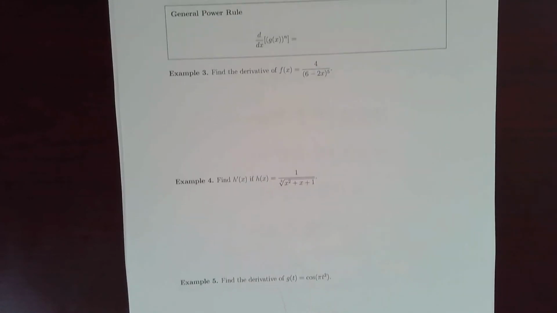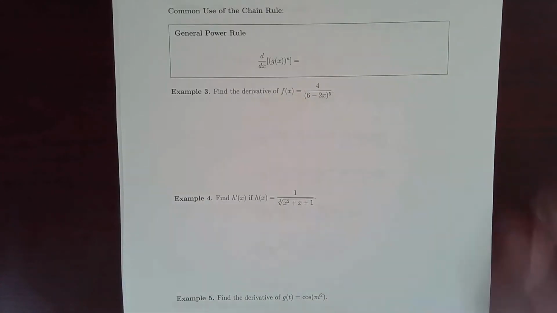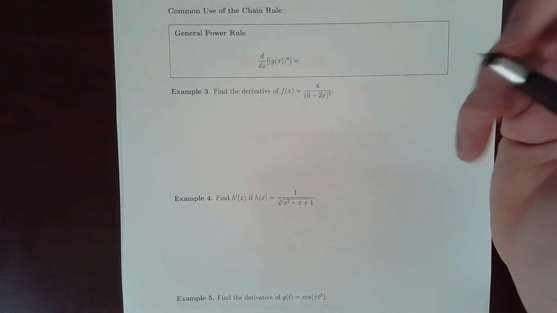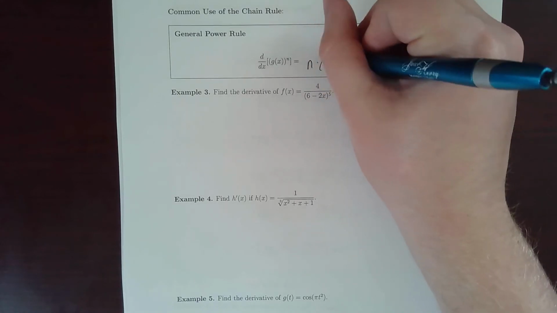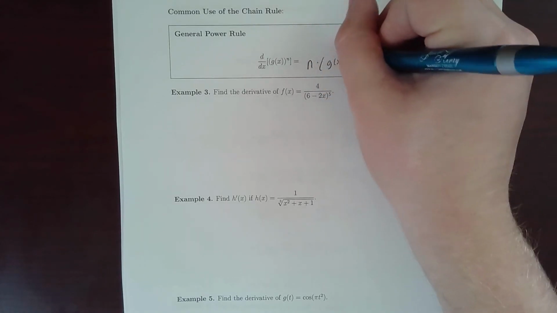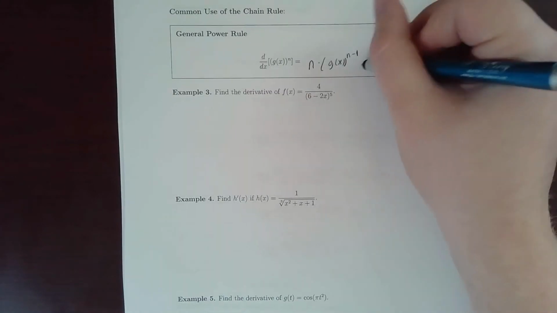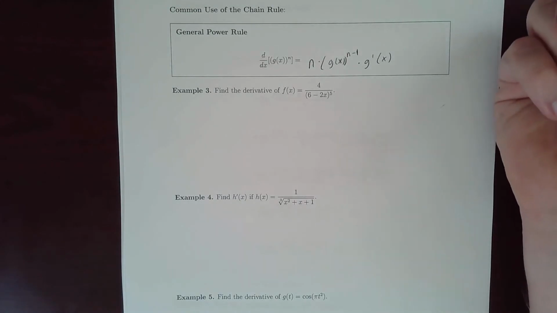So one common use of the chain rule is going to be the general power rule. We've kind of seen this already, and we'll see a few more examples. Say we've got some function being raised to the nth power. This is going to be the same as taking n times that function raised to the n minus 1 power times the derivative of that function.